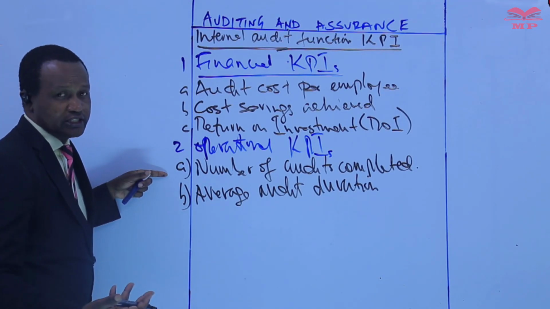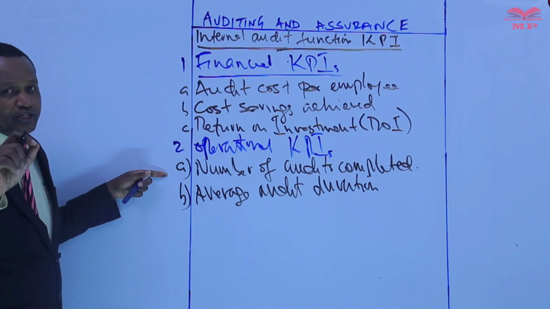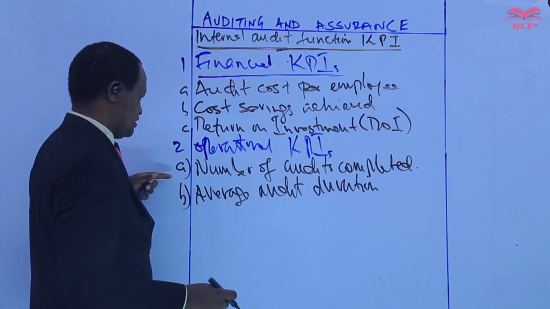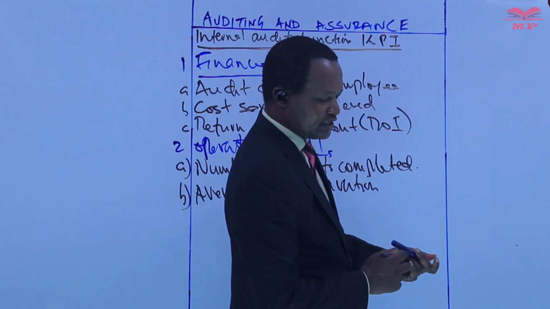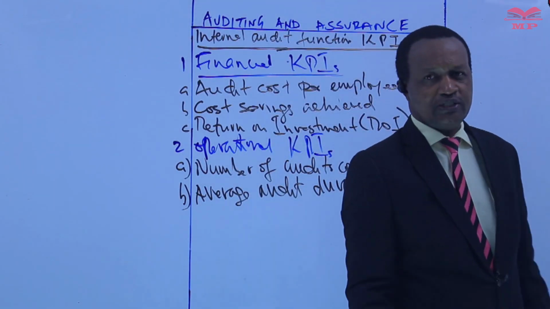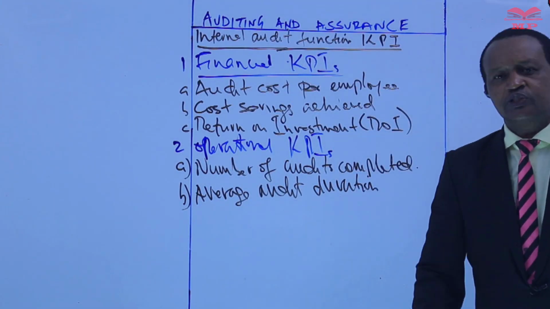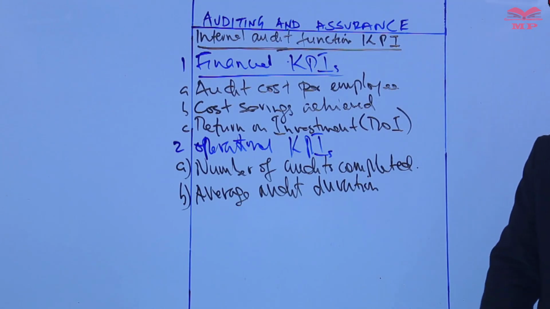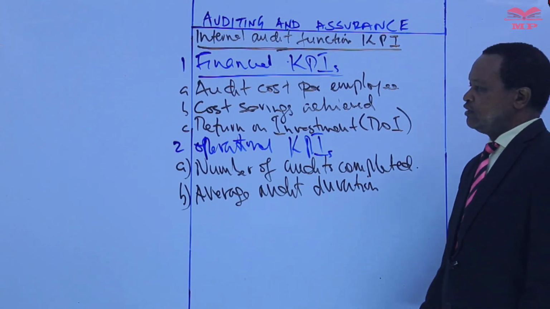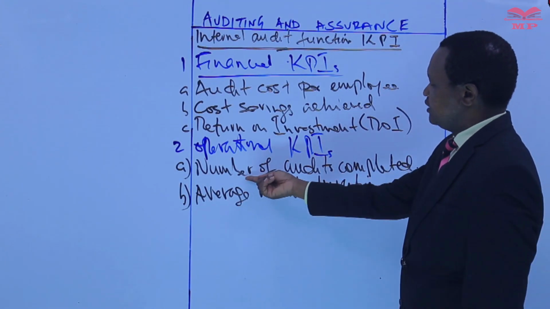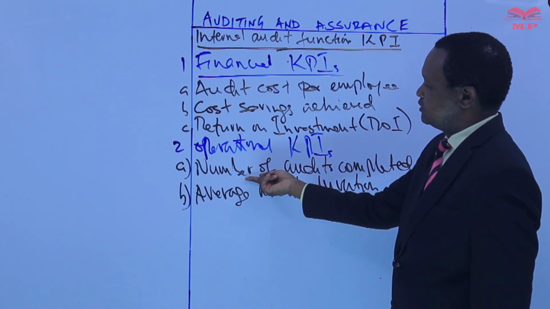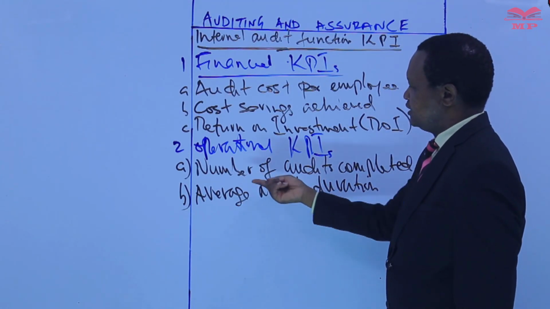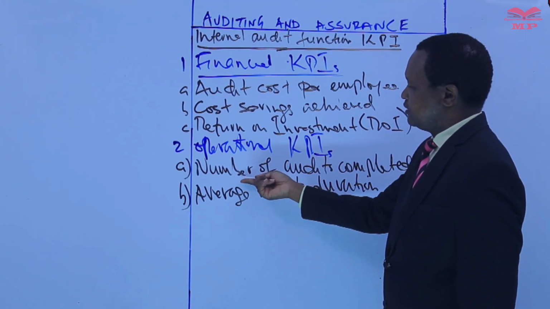This indicator also identifies areas where improvements can be made. Efficiency: how fast does this department conduct an audit? Duration. Because if the auditor had planned to have, say, 10 audits, then the department ends up just completing one.